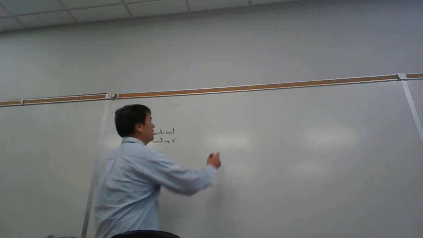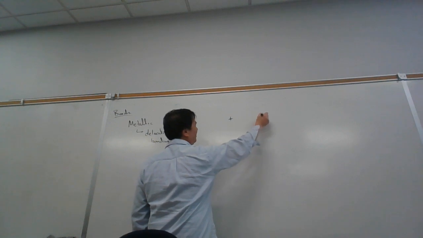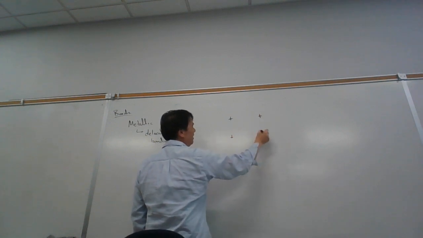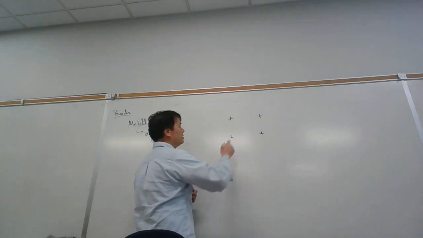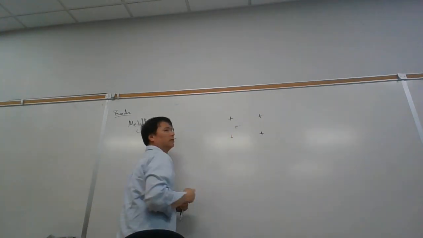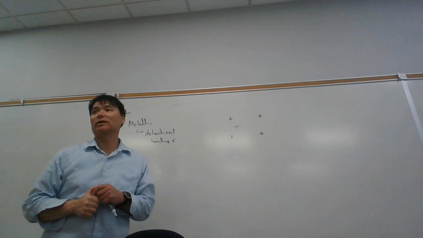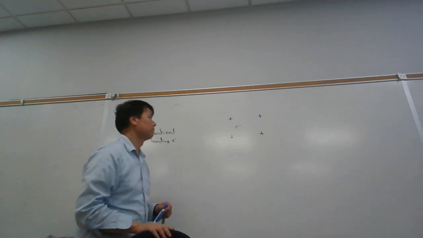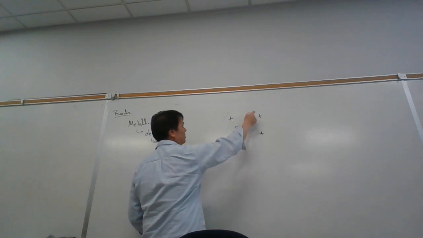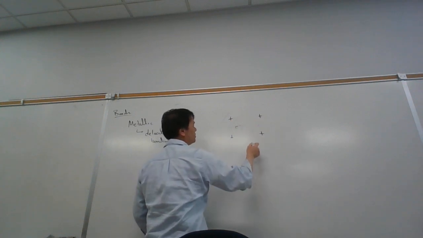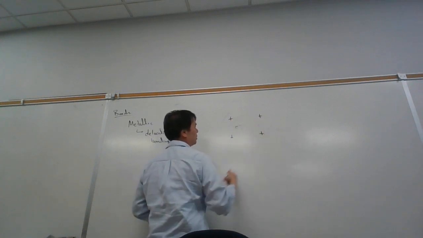But delocalized means that when we look at the valence electrons, they are free to move. You know, this is what gives metals their electrical conductivity. And so essentially the electron is free to move throughout the entire metal structure.